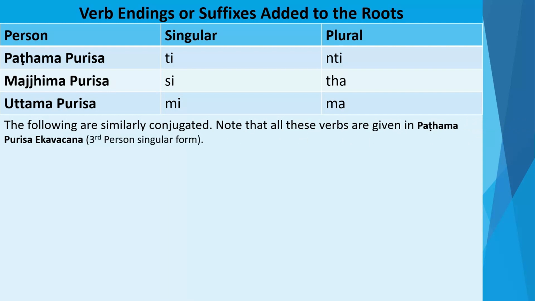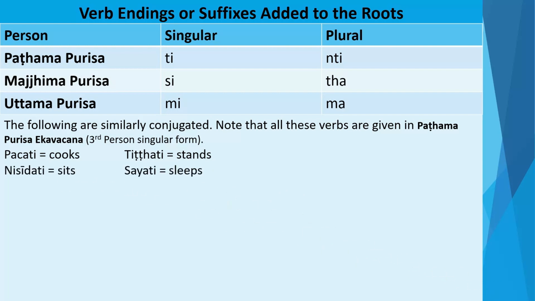The following are similarly conjugated. Note that all these verbs are given in Pathama Purisa Ekavachana or third person singular form. Pachati cooks. Tithati stands. Nisidati sits. Sayati sleeps. Bhasati says. Charati walks. Dhavati runs.